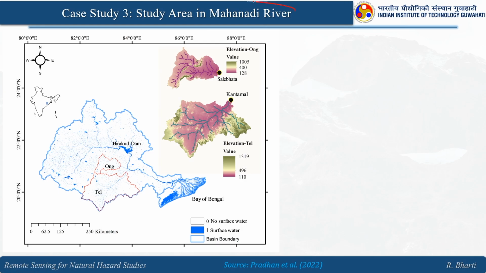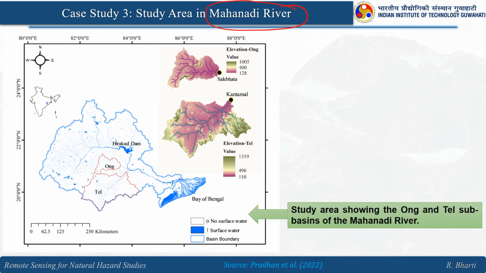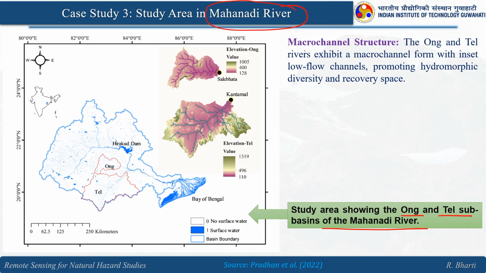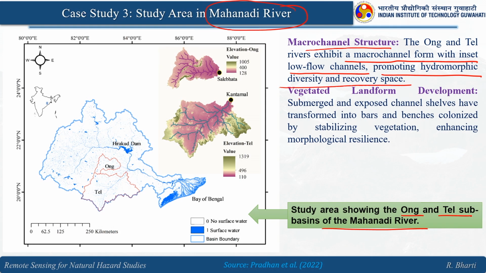So, this is from the Mahanadi, this is case study 3, and here we have considered the Ong and Tel sub-basins of the Mahanadi for our study. So, the microchannel structure, here we see that it exhibits a microchannel form with an inset low flow channel promoting hydromorphic diversity and recovery space. Vegetated landform development, in between we have seen some of the photographs in the previous slides.